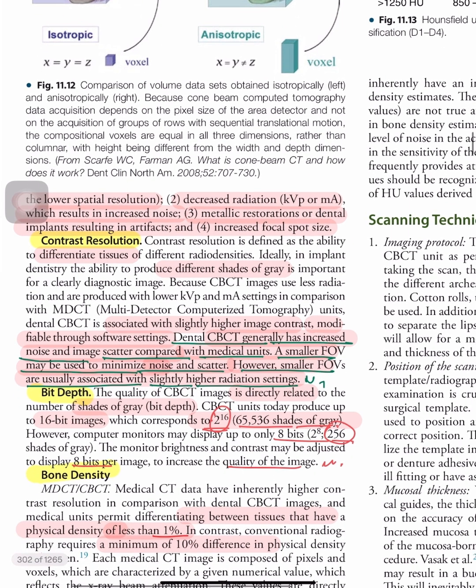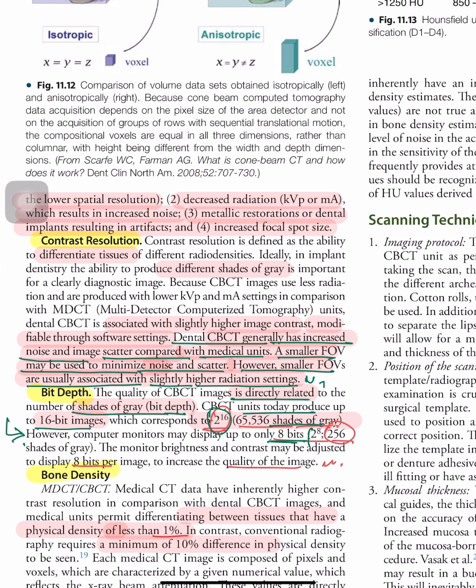Bit depth. The quality of CBCT images is directly related to the number of shades of gray, which is the bit depth. CBCT units today produce up to 16-bit images, which corresponds to 2 to the power 16, which is 65,536 shades of gray. However, when we convert into computerized data, it becomes 8 bits, that is 2 to the power 8, which means 256 shades of gray.